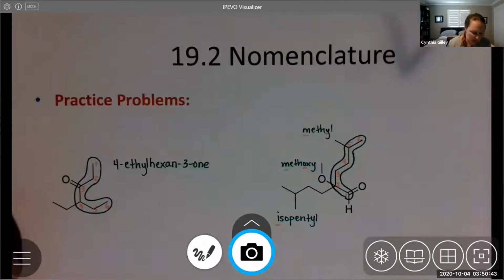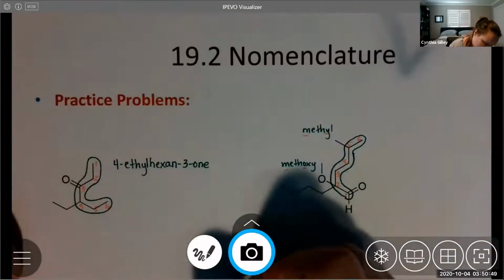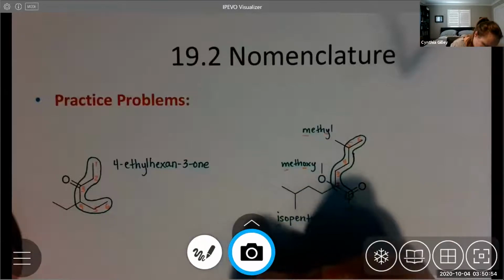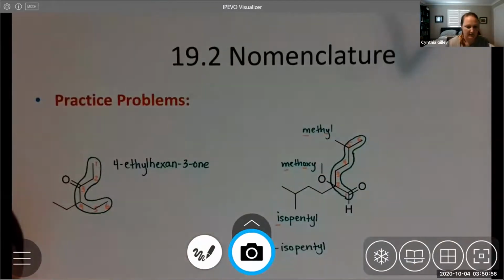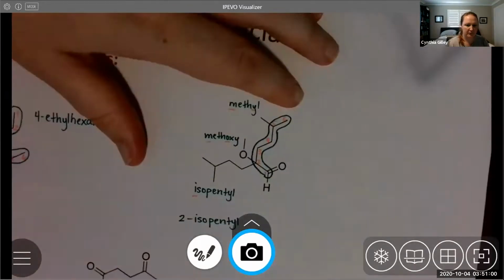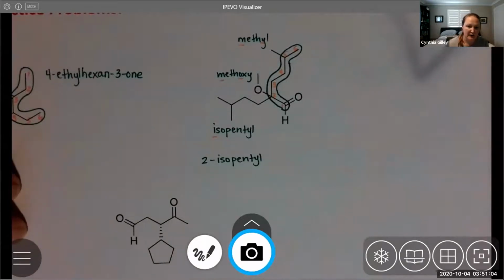Okay, but either way, I'm going to do the isopentyl first, right? So putting this name together, we would go 2-isopentyl. Sorry, you guys can't see that very well. I'll move this up. 2-isopentyl. Now we have methoxy next, right?